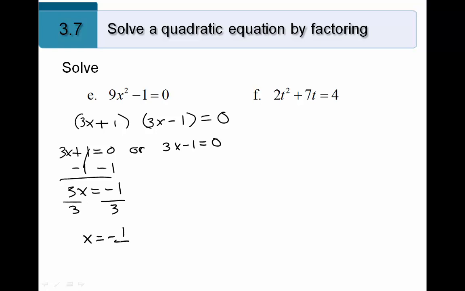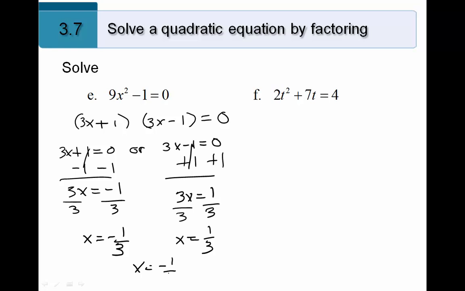So x equals -1/3. On this other side, I would add 1 to both sides. 3x equals positive 1, and divide both sides by 3. So x can also equal positive 1/3. So my solutions are x equals negative 1/3 or 1/3.